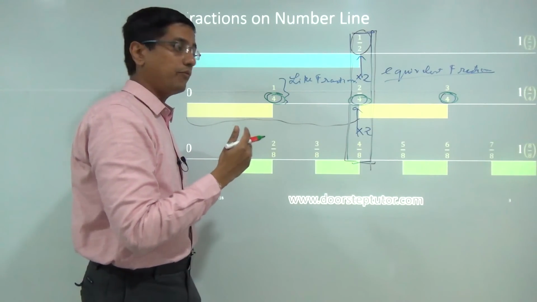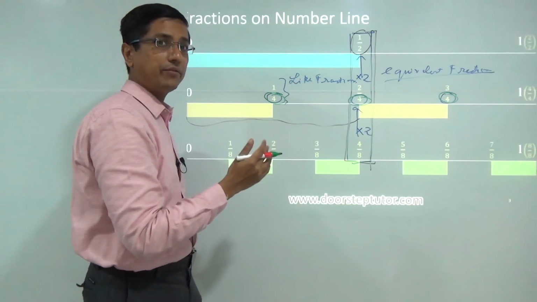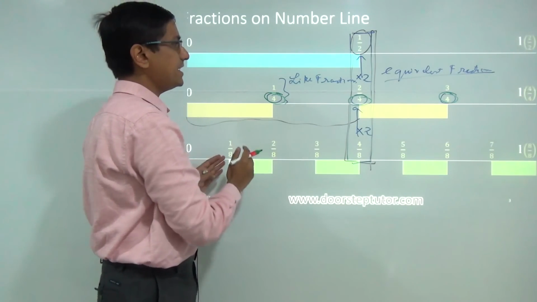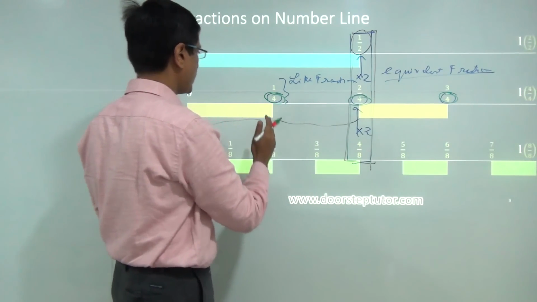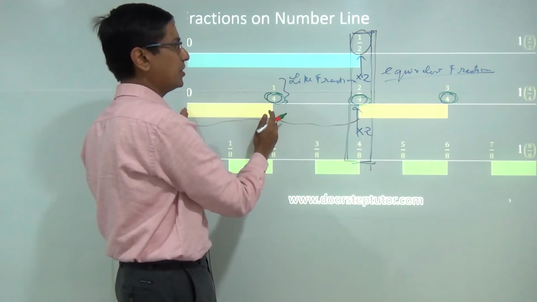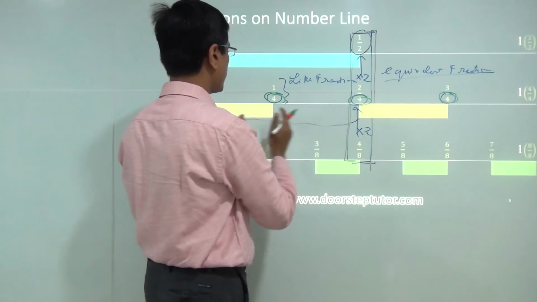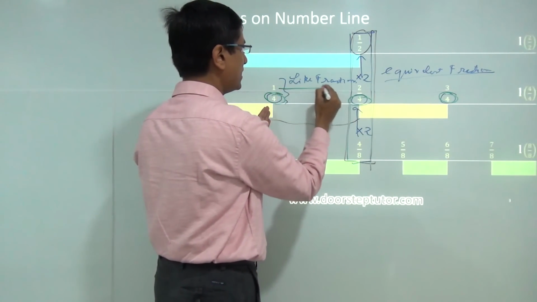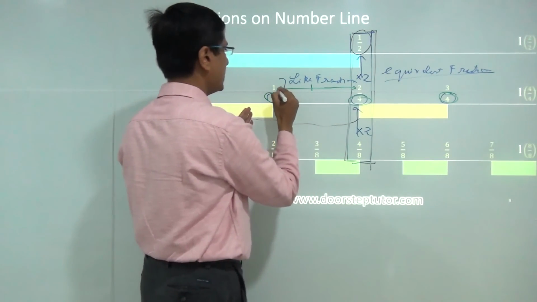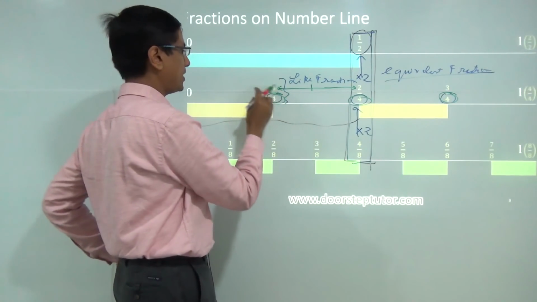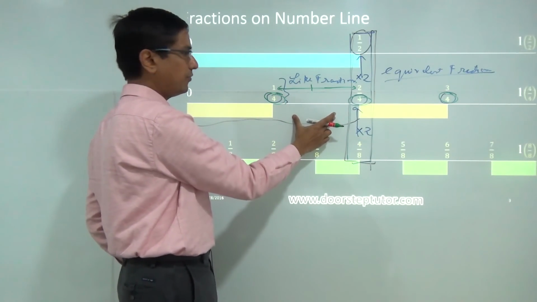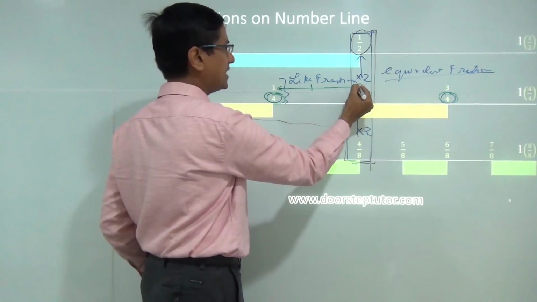If I am comparing 2 fractions, adding 2 fractions or subtracting 2 fractions, it is very easy with like fractions. For example, if I want to add 1/4 and another 1/4, I can simply add the numerators, the top part. This is 1/4, this is another 1/4, so I'll add 1 plus 1 and I'll get 2.